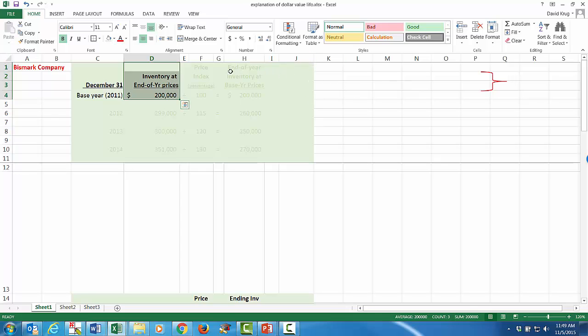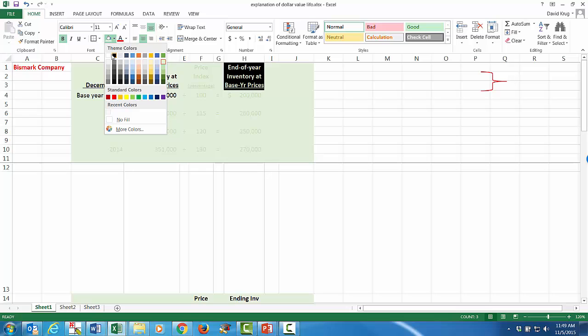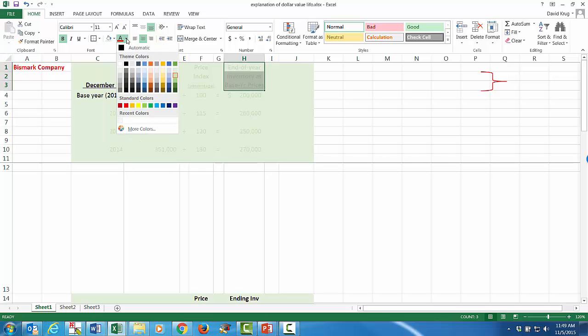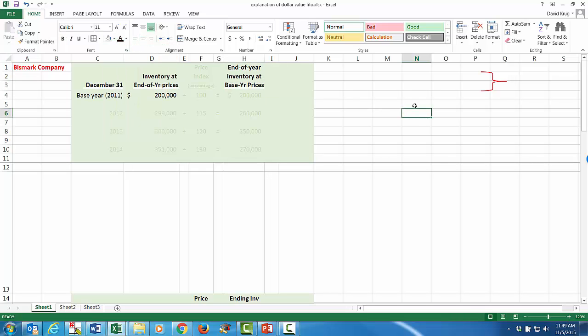Now, we want to convert this inventory at end of year prices to end of year inventory at base year prices.